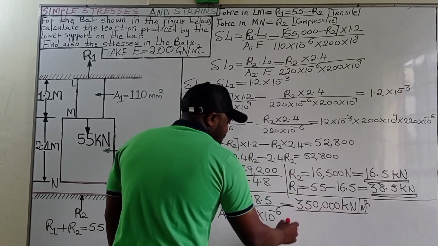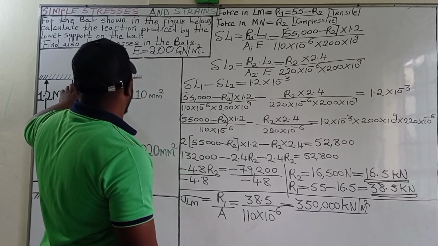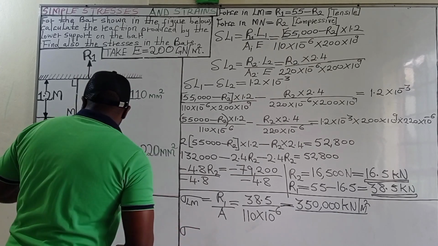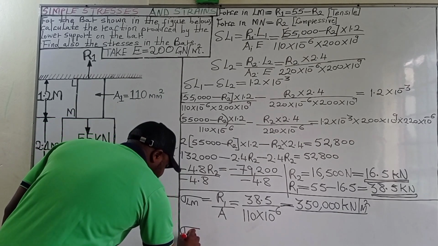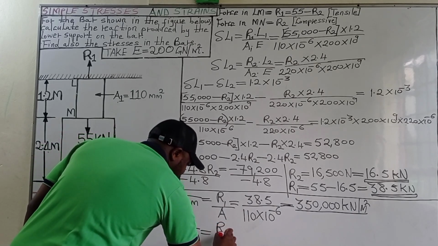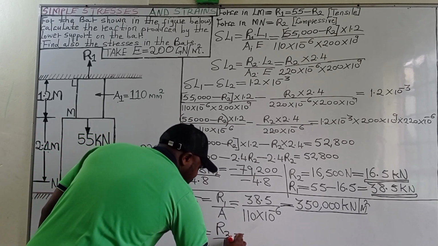So that is the stress in that particular bar. Then the stress in the lower bar, that is Mn. Stress in Mn will be given by force, which is the reaction R2, divided by cross-sectional area of the lower bar.